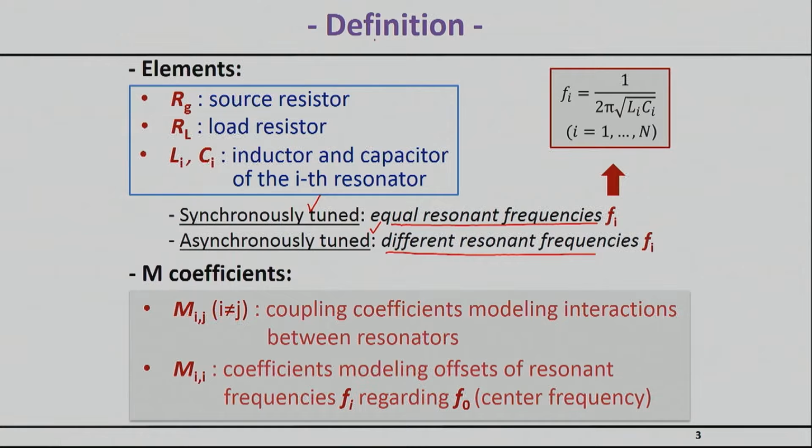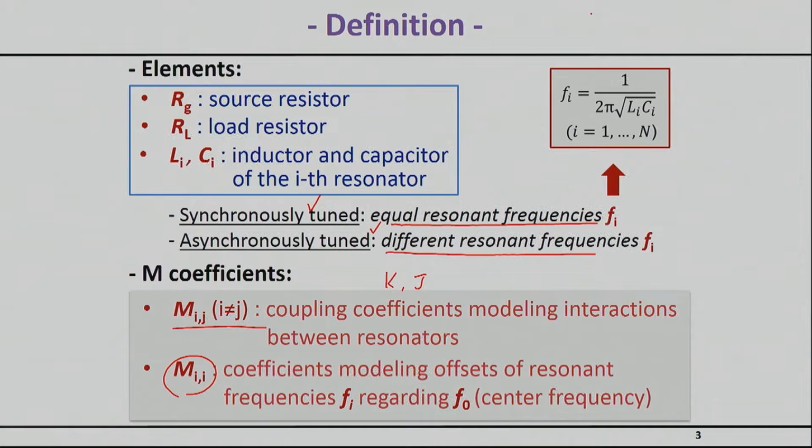Also, as you're looking at the coupling coefficients, these M's, we have already seen coupling coefficients between resonators. Before, we have called them, for example, K and J, and because they're the same, we're going to be using the term M. But in the coupling matrix, there is also this self-coupling that we have seen before, the M11, for example, or the M22. A lot of times people are wondering what this means.